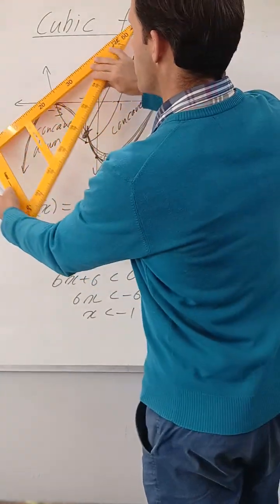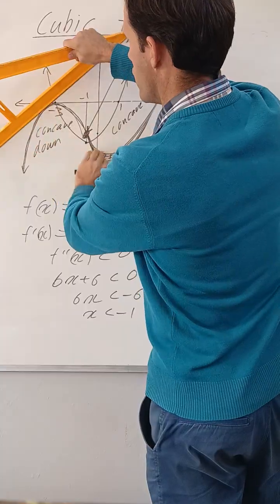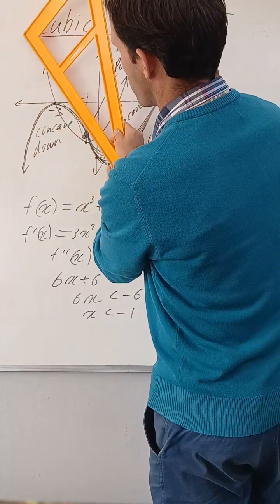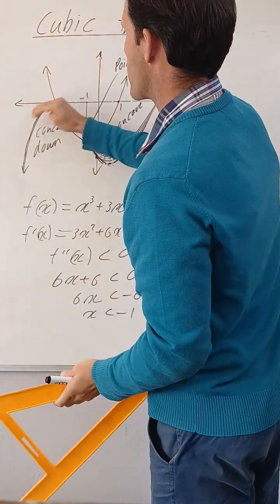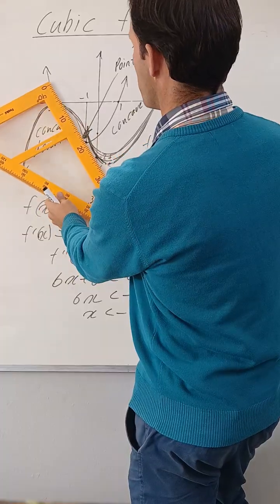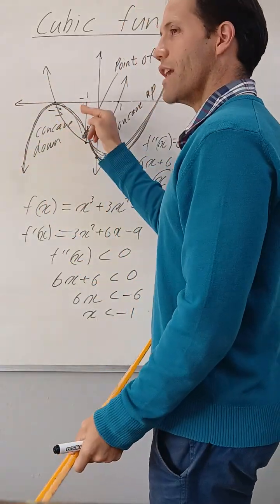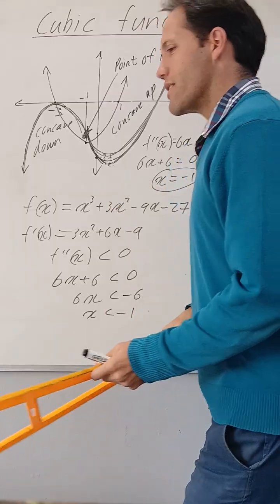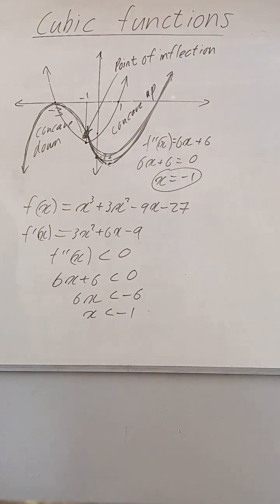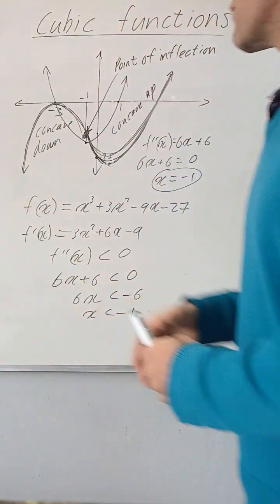But if the ruler is above the graph, up to there, then it's concave down. At the moment the tangent starts going below the graph, you know it changes from concave down to concave up. Okay, so that's a question on its own sometimes: where is the graph concave up and where is the graph concave down?